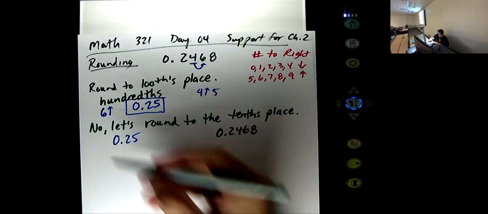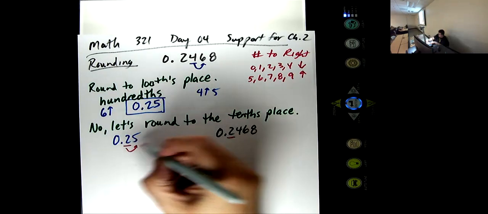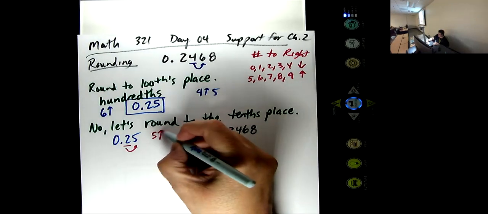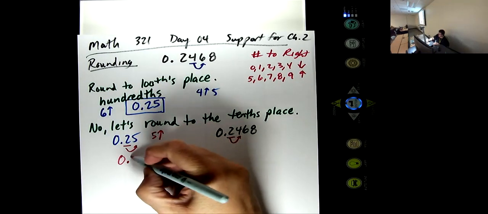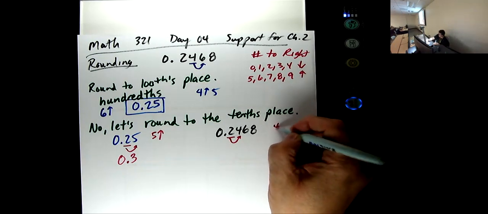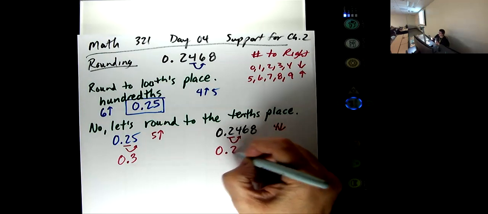In both cases, we look at the tenths place, which is the 2. The number next to it on the 0.25 is a 5, so we're going to round up, and that would make this 0.3. In this case, we have a 4, and it says to round down, so this would go to 0.2.